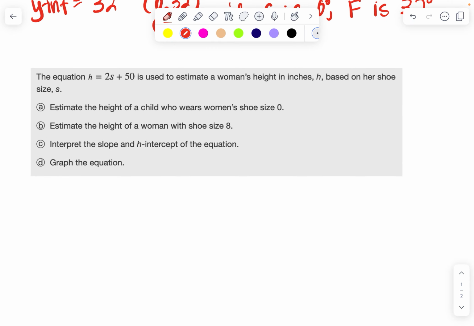The equation h equals 2s plus 50 is used to estimate a woman's height in inches based on her shoe size s. So in this case, h is representing y and s is representing x. So y is the height and x is the shoe size. Estimate the height of a child who wears a women's size 0.